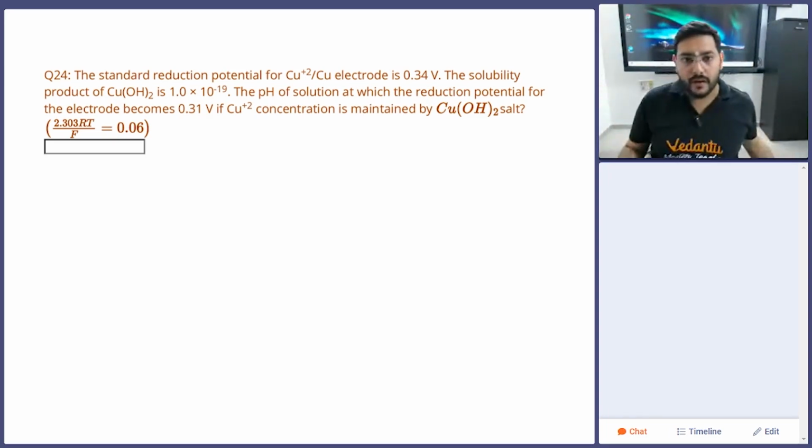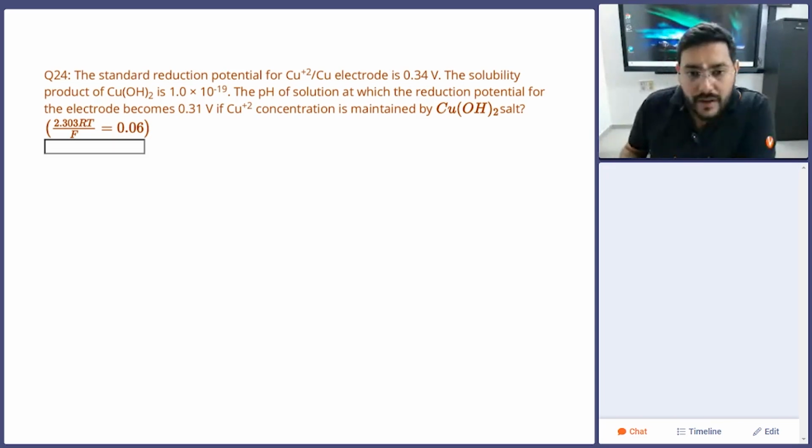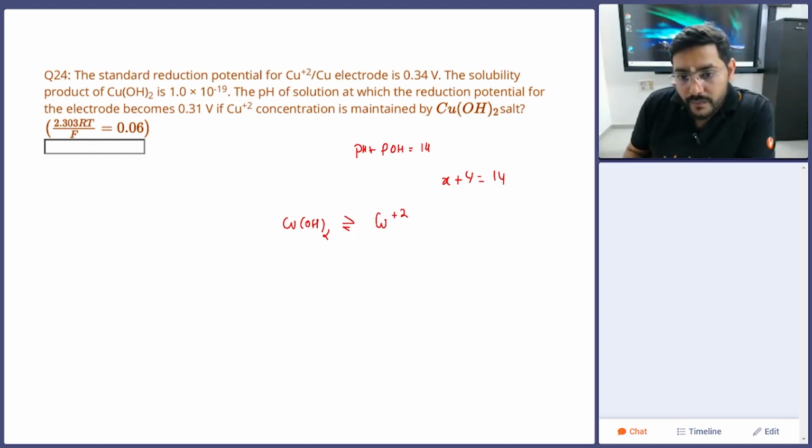Now here, can I say that pH plus pOH is equal to 14? So x plus y is equal to 14. Yes or no? So copper hydroxide, when it dissociates, gives you Cu2+ and 2 OH- ions.